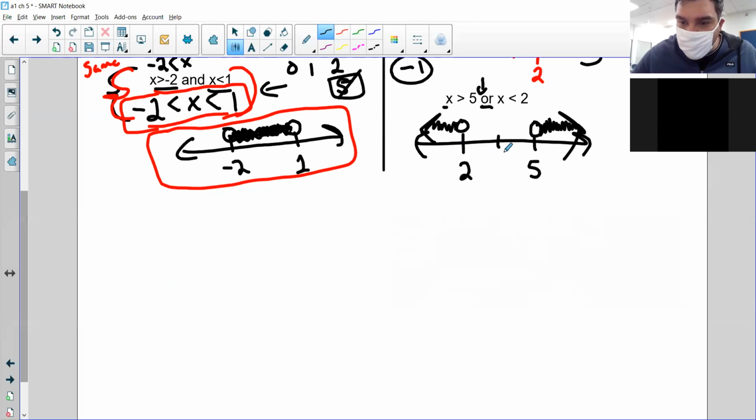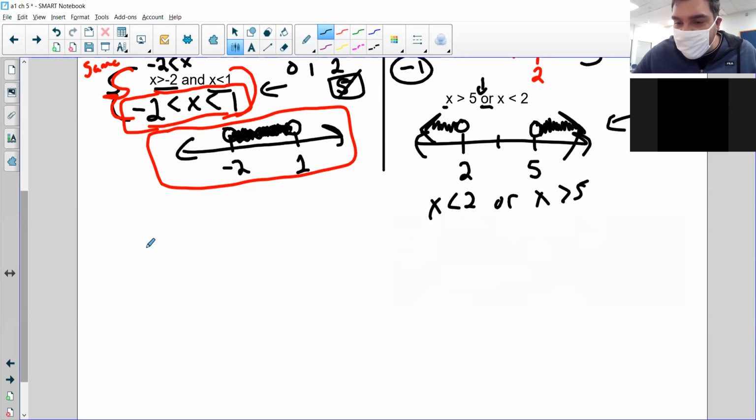Does that mean that it's automatically or? Yes, you know that's automatically or. Good question. Let me rephrase that for everyone. If you see 2 separate pieces like that, you know this is saying x is less than 2 according to this part, or x is greater than 5 according to this part on the right.